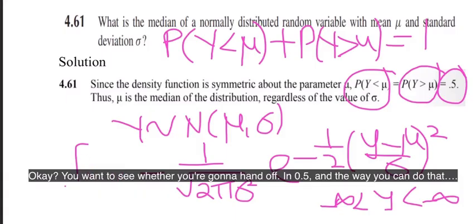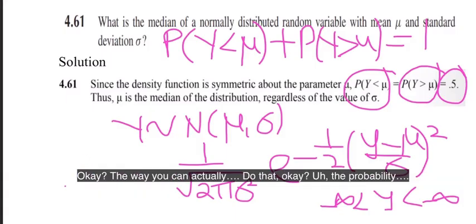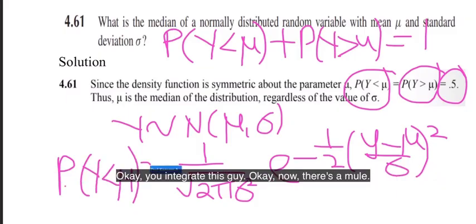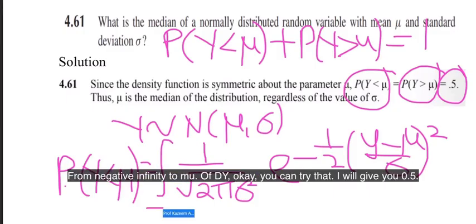The way you can do that, for instance, the probability of y less than mu, you integrate this from negative infinity to mu of dy.